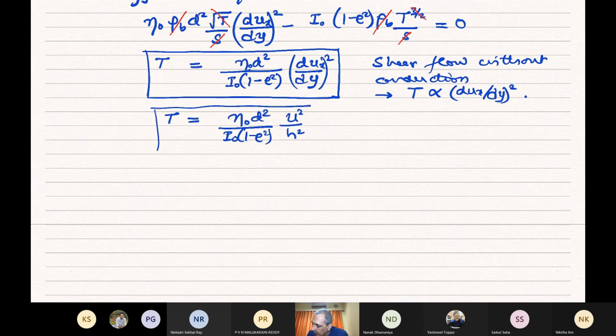So this is your final result. But for many of the shear flows, we'll find that if we neglect the conduction term, then this will always hold, that temperature is proportional to the velocity gradient squared. So we can say this is a general result which is valid when these conditions are met.